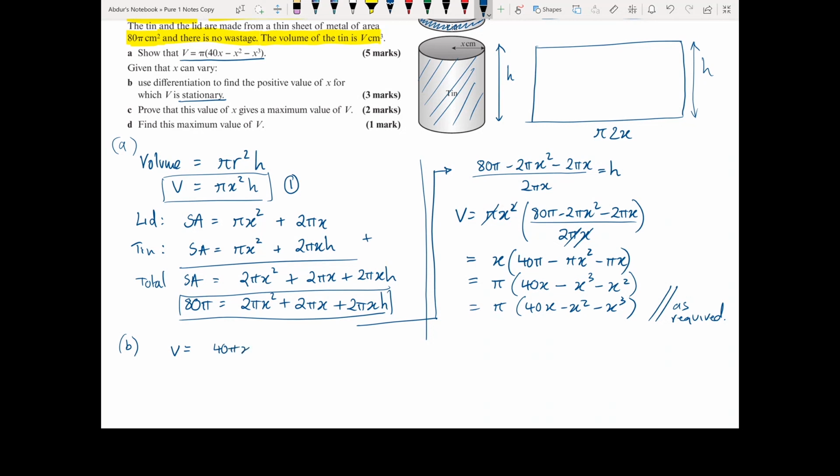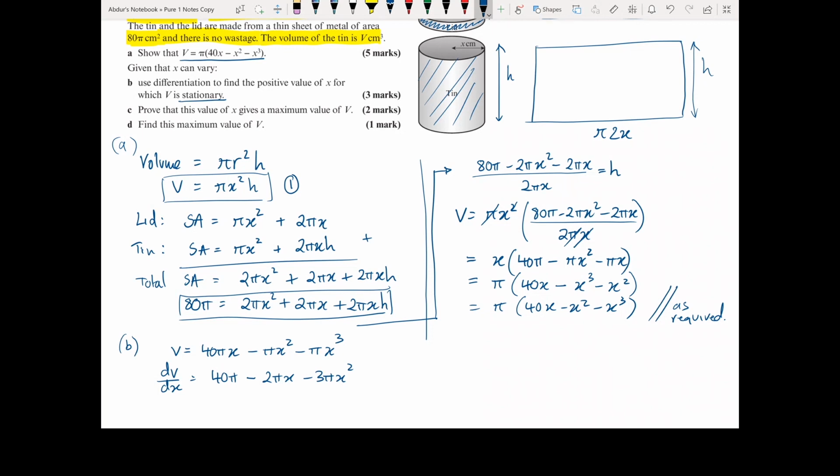We'll multiply everything by pi to get it into the form which is standard, so we can use standard differentiation methods. So V is equal to 40 pi x minus pi x squared minus pi x cubed. dv by dx is then 40 pi, which is the constant term, minus 2 pi x minus 3 pi x squared.